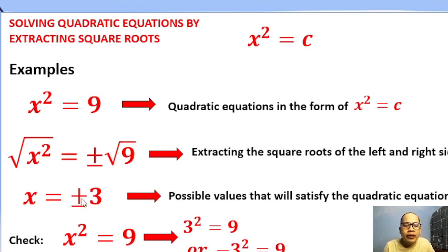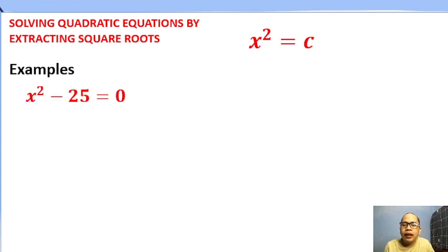Now, another example. x squared minus 25 equal to 0. Tandaan, una, in solving quadratic equations by extracting the square roots, kailangan ng ating form is x squared equal to c. So, x squared minus 25 equal to 0 is not in this form, x squared equal to c.